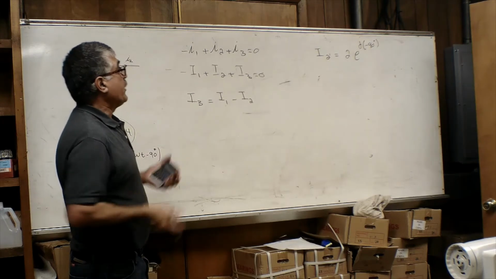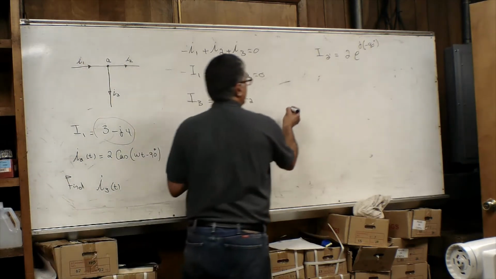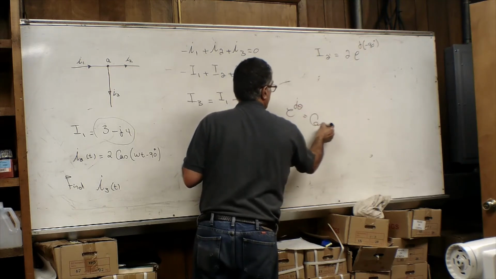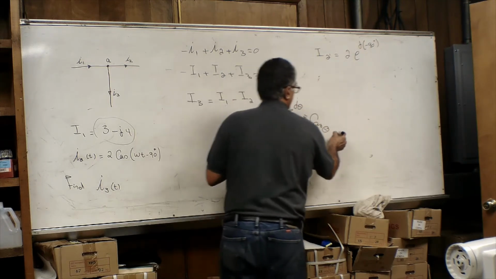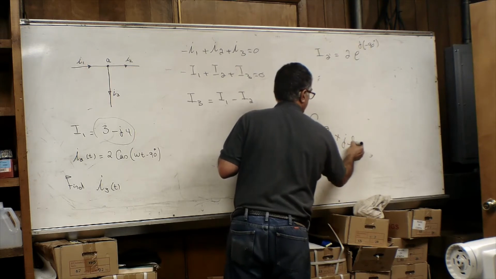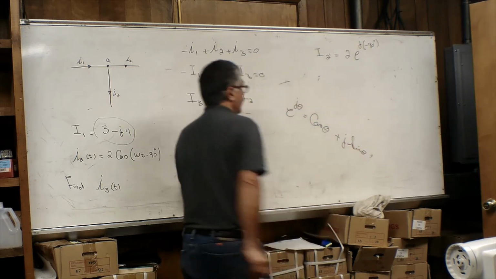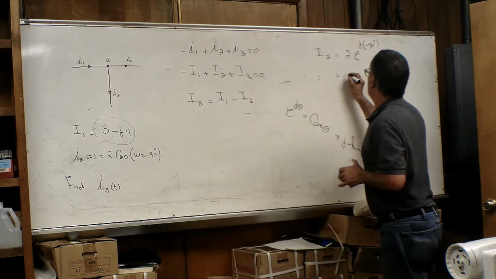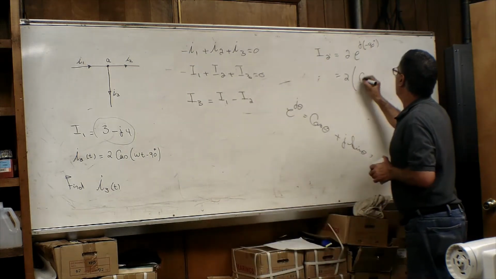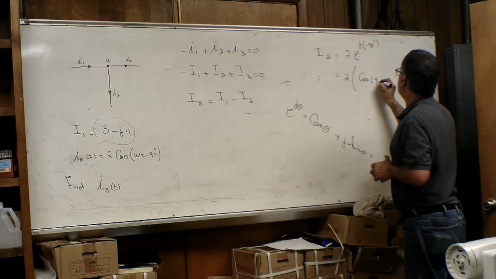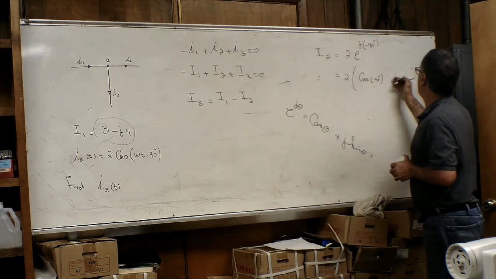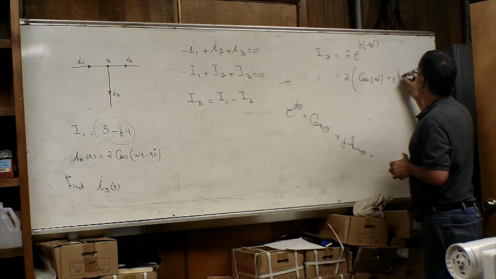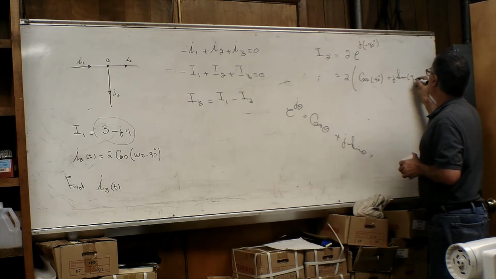Now we can use the Euler formula, which is e to the power j theta is equal to cosine of theta plus j sine of theta. By using that formula, we can write this as 2 multiplied by the cosine of minus 90 degrees plus j sine of minus 90 degrees.